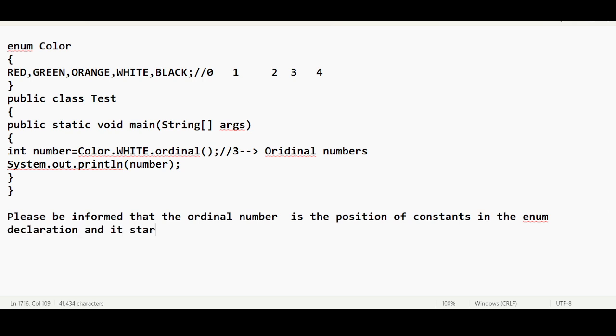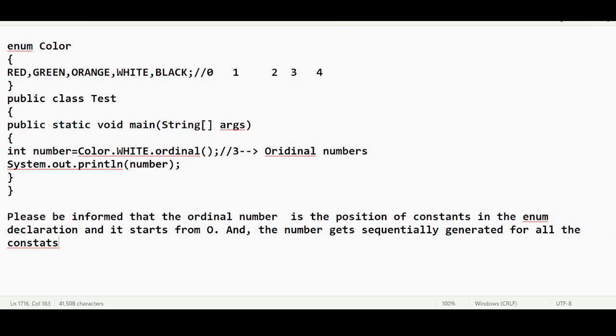It starts from 0, and the numbers get sequentially generated for all the constants, starting from 0.